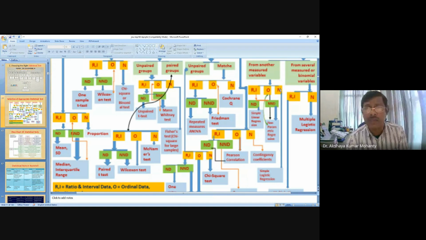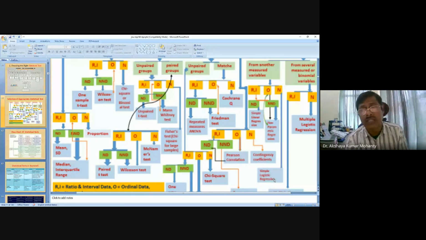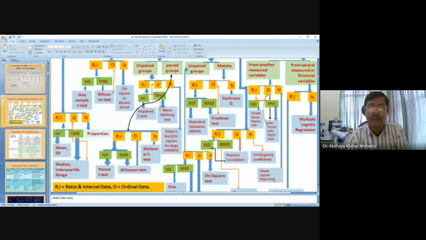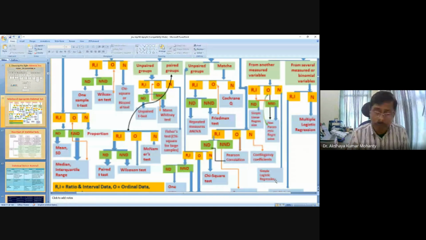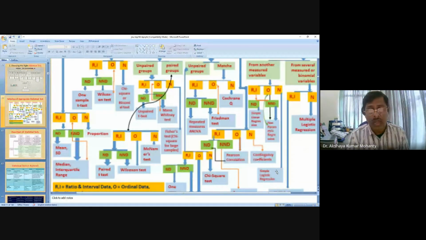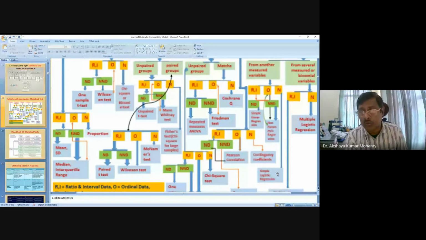But the concept is that this nominal data set is approaching the logistic model, and already I told you the logistic model is approaching towards normality, though it is not exactly normal. So that's why we are assuming that logistic regression is under the parametric, not the non-parametric test. I think it becomes clear for you. So this is only the exception, and in that way you have to analyze this.